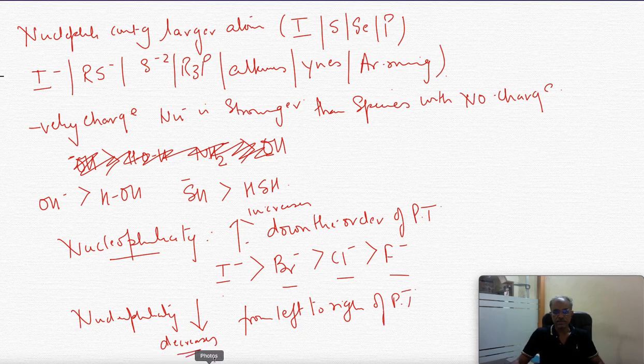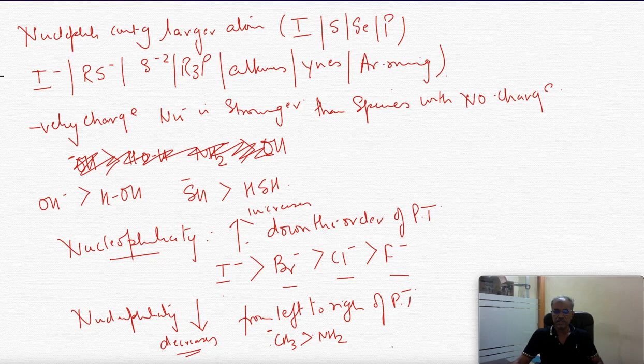Take for example, CH3 minus is more than NH2 minus, because carbon comes previous to nitrogen.